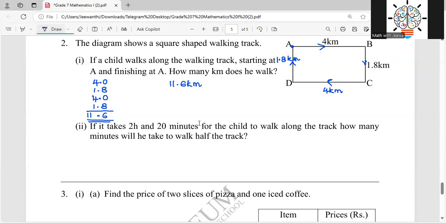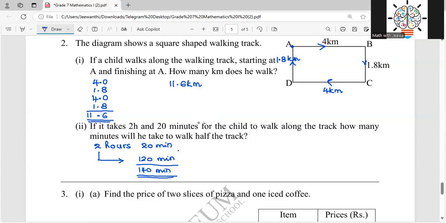Now, when you have something like this, what you can do is this: you have 2 hours and 20 minutes, no? So 2 hours, when you convert, becomes 120 minutes. When you add them together, it is 140 minutes.